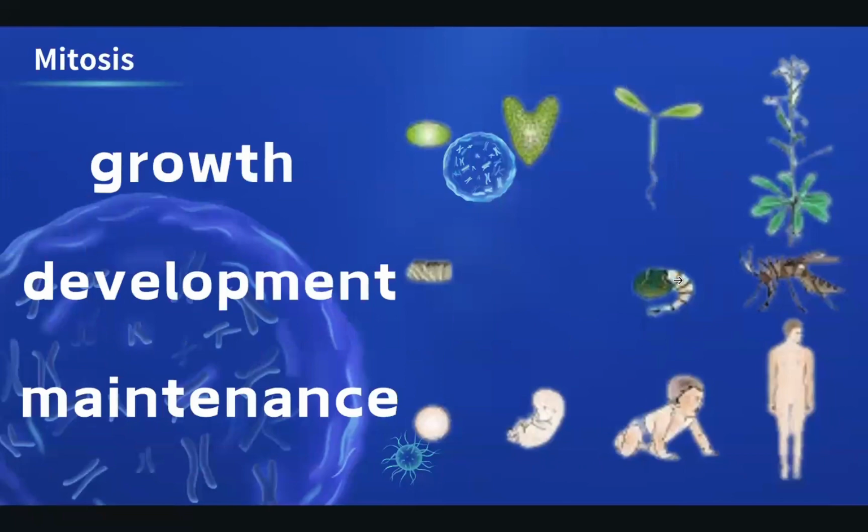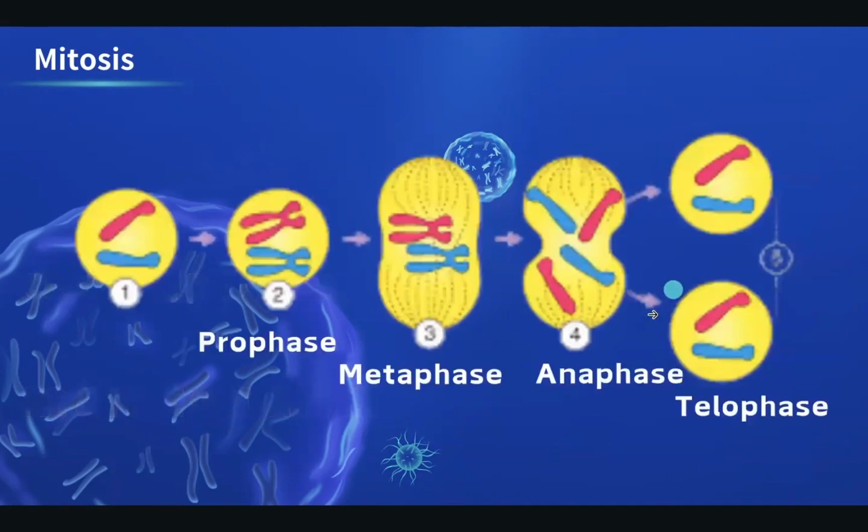Here is a brief introduction to mitosis. Mitosis is a significant cellular process essential for growth, development, and maintenance of organisms. It involves the division of one single parent cell into two genetically identical daughter cells, each containing a complete set of chromosomes.